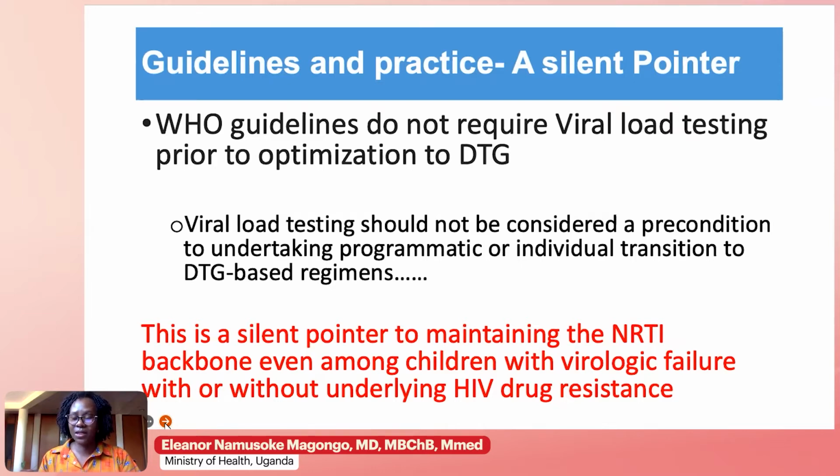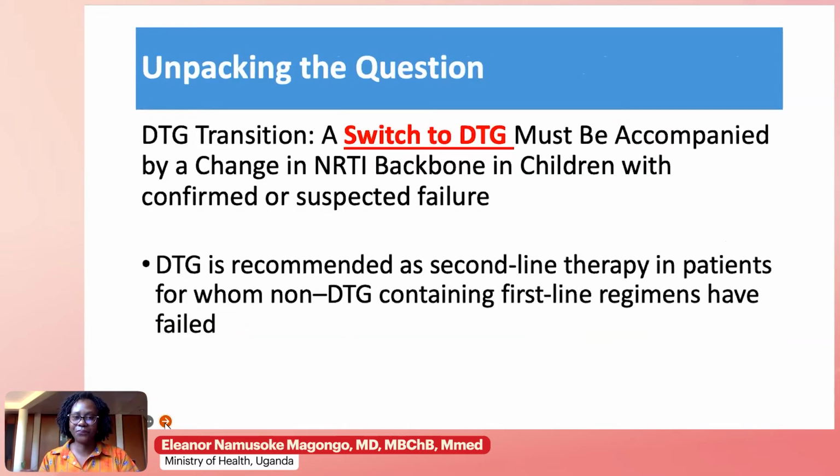I'll be explaining this a little more on the next slide. So to me, this is a silent pointer that maintaining an NRTI backbone, as long as the child or adolescent is taking dolutegravir, the patient will still do well with or without underlying HIV drug resistance.